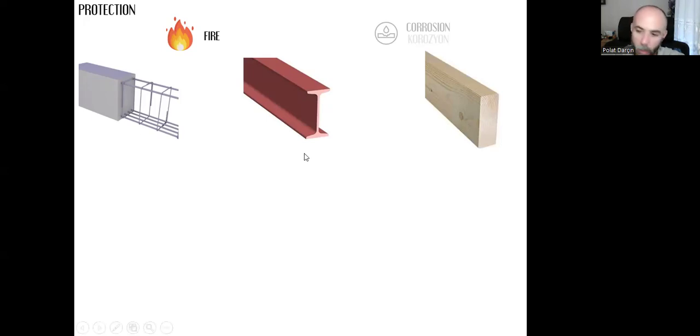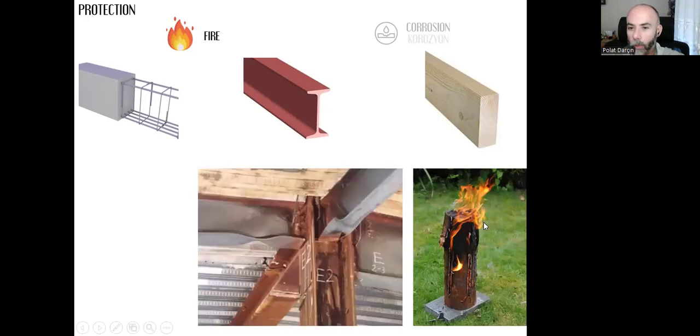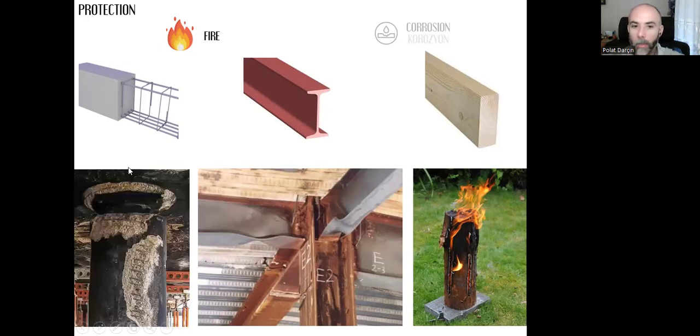However, they are susceptible to fire damage. As you can see, it burns. And due to the high temperatures, in case of a fire, these profiles start to melt and are deformed, and there's a risk of collapsing down. And concrete explodes in case of high temperatures.